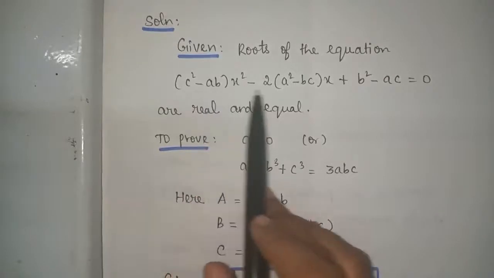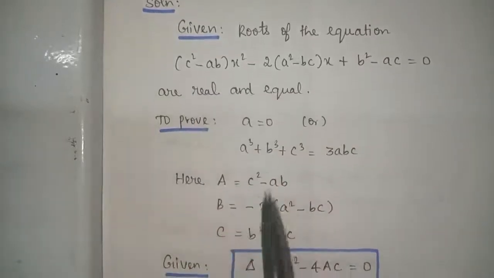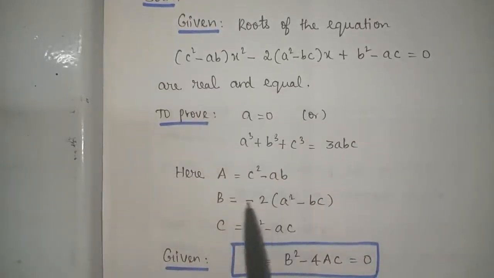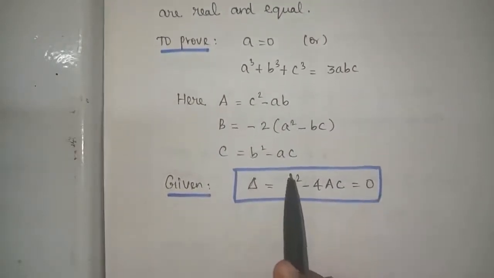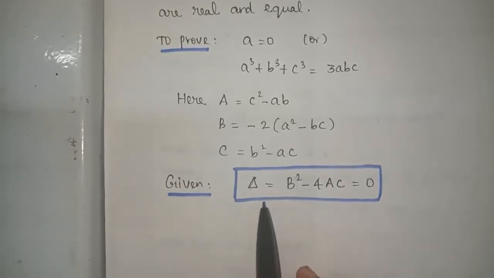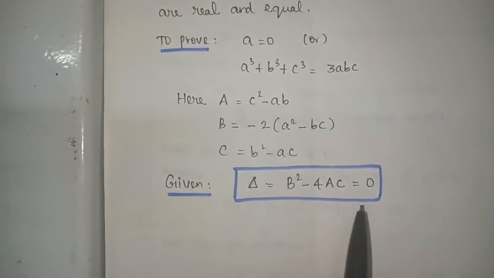So here in this quadratic equation, the capital A value will be c square minus ab, b is equal to minus 2 into (a square minus bc) and c is equal to b square minus ac. Now you substitute the values of a, b, c in the discriminant value and you have to equate it to 0.